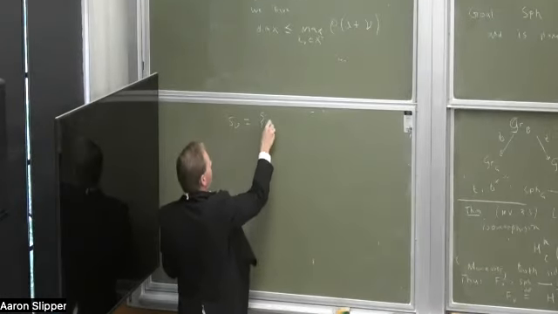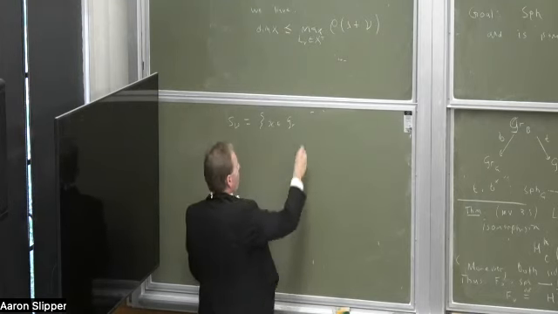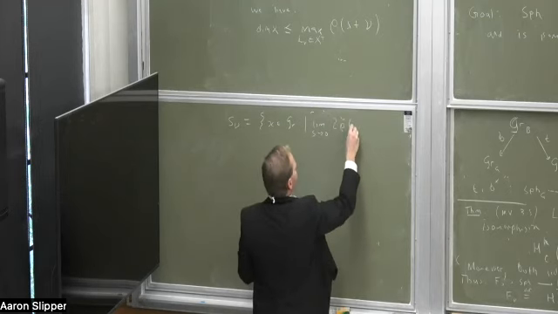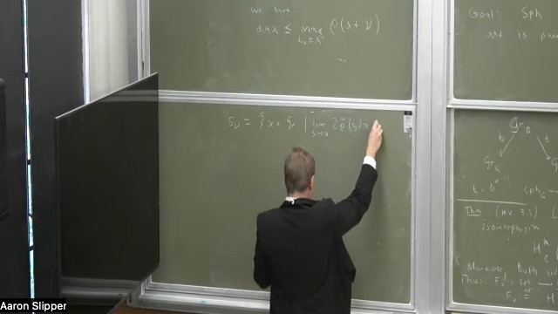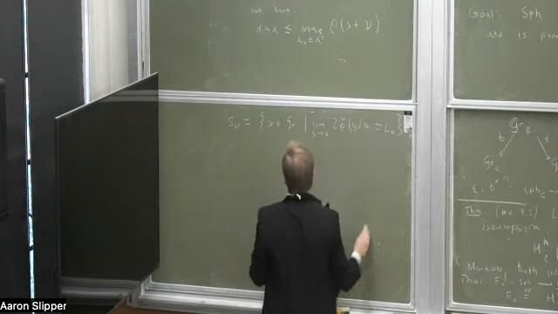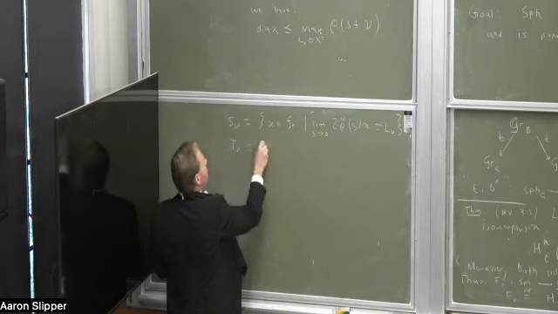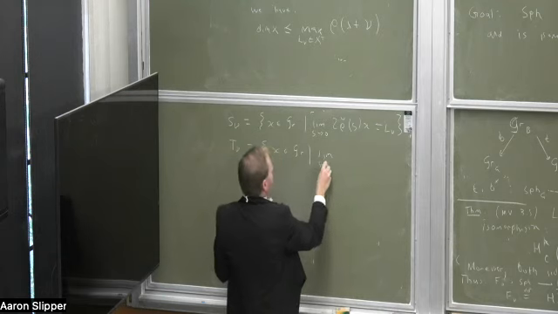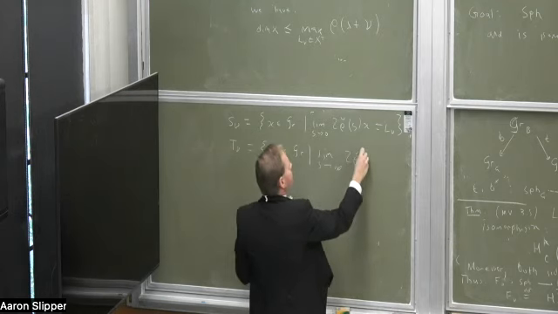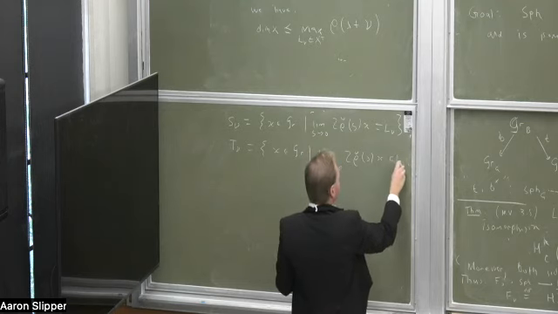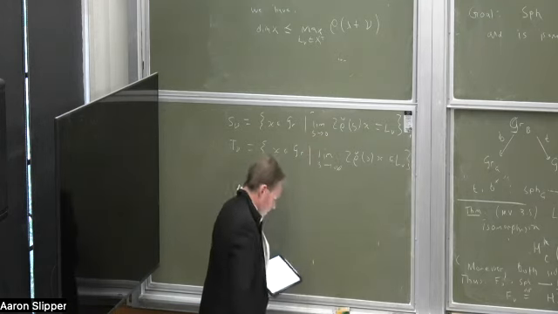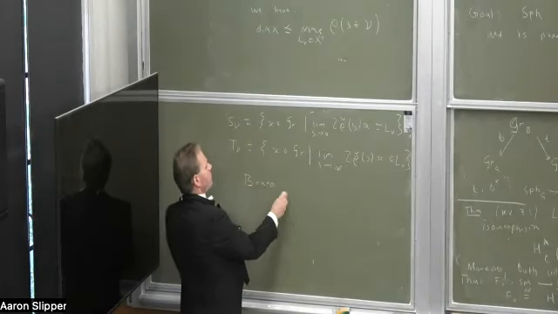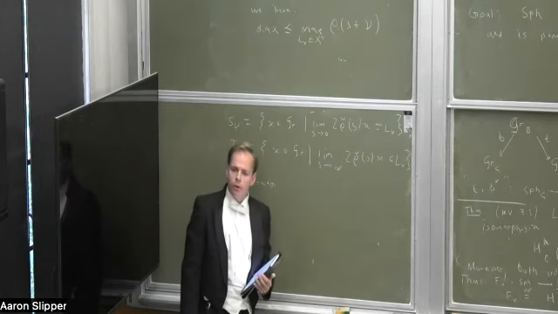S_nu is going to be the set of points in the affine Grassmannian such that the limit as s goes to 0 of 2 rho(s) x becomes L_nu, and T_nu is going to be the points in the affine Grassmannian such that the limit as s approaches infinity, the repeller locus, of x is L_nu. And now this isomorphism is on the nose a consequence of Beilinson, which we discussed last quarter.